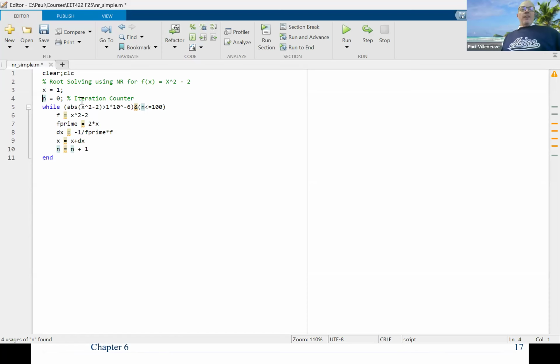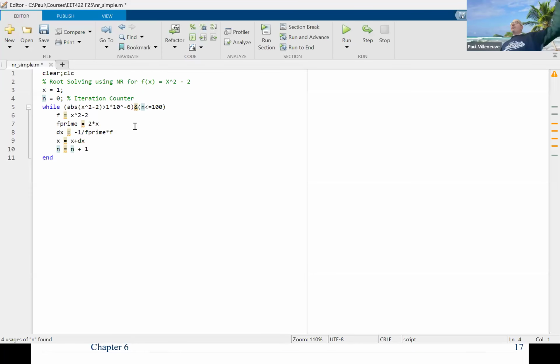And now this right here, this says while the absolute value of x squared minus 2 is greater than 1 micro, and my n is less than or equal to 100, do the following. The abs of x squared minus 2, that's f of x. That's supposed to be 0, right?